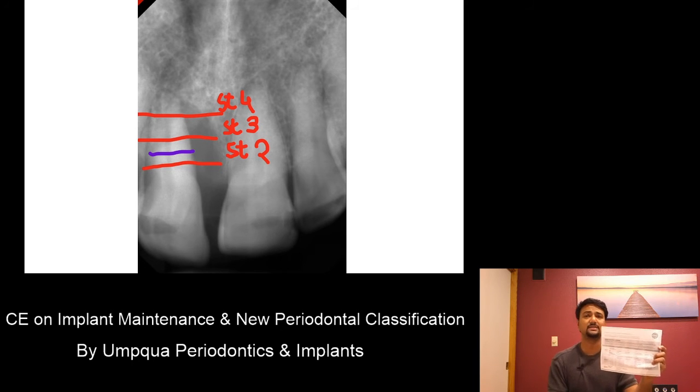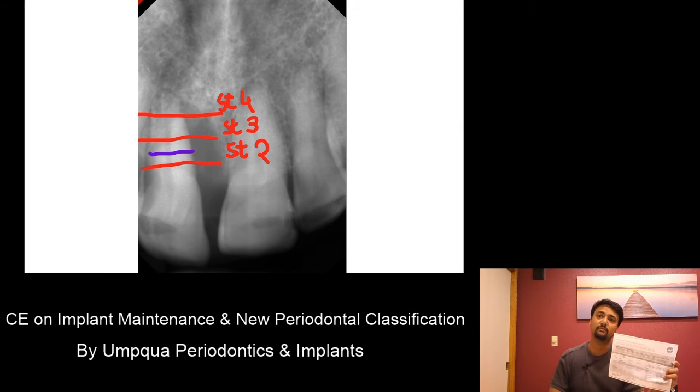If the bone loss is about the middle third of the tooth, the patient is classified as a stage 3. If the bone loss is up to the apical third of the tooth, the stage is stage 4 for that patient. So what I would want you to do is pick out the worst tooth on the radiograph, divide the root into thirds, and there you have it. You'll have your stage of the patient just by looking at the radiographs.